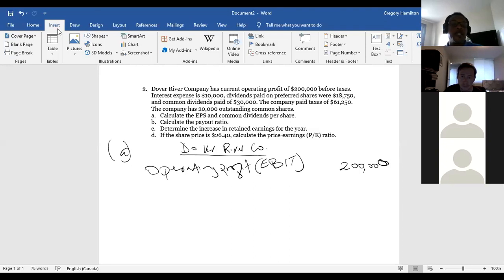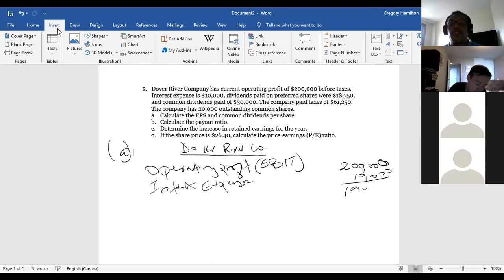So if we add interest to this, we're going to take interest expense from our earnings before interest and taxes. In this case, our interest expense is 10,000, right?